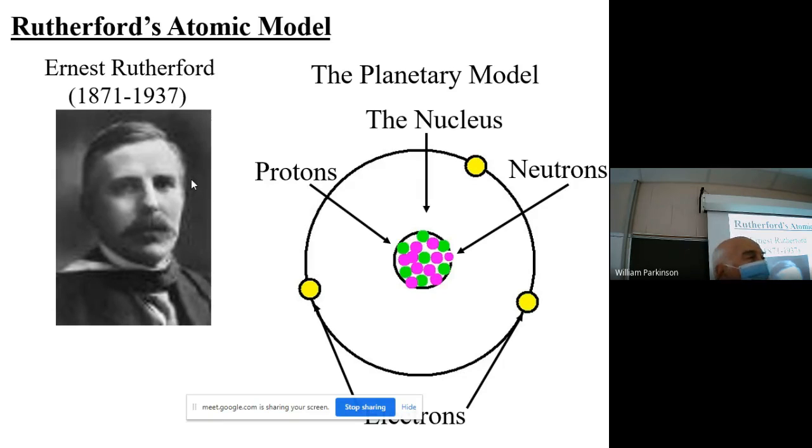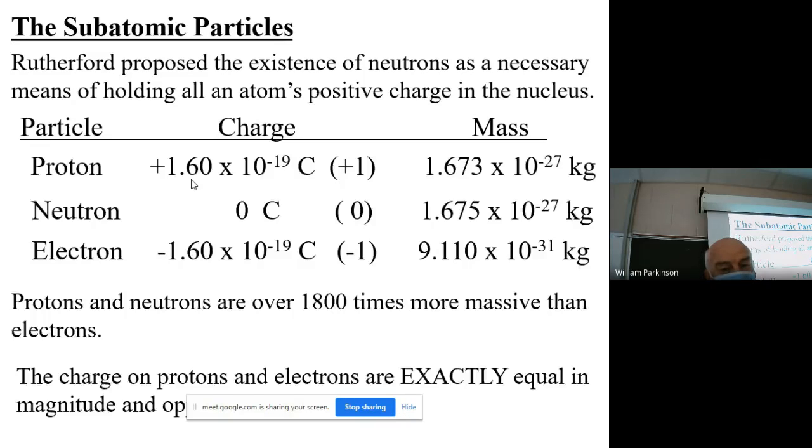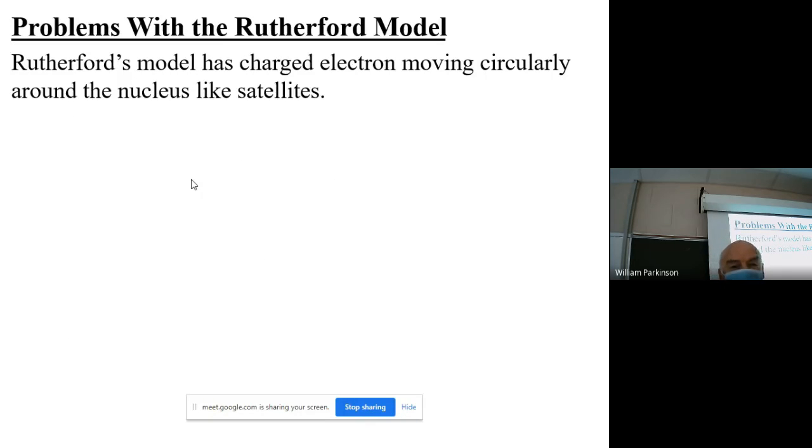And there are significant issues with Rutherford's model. The significant issues begin with the fact that it models the atom with charges of the electrons circularly orbiting the central nucleus.